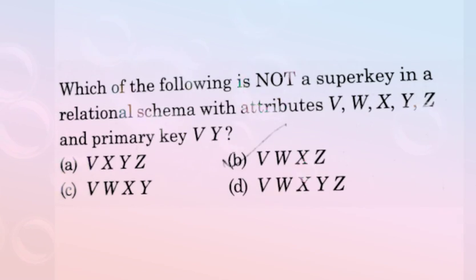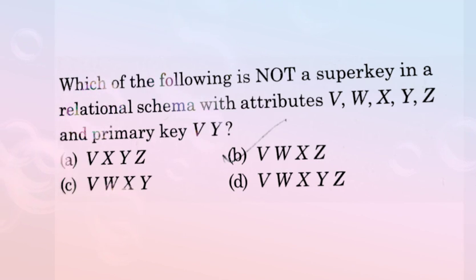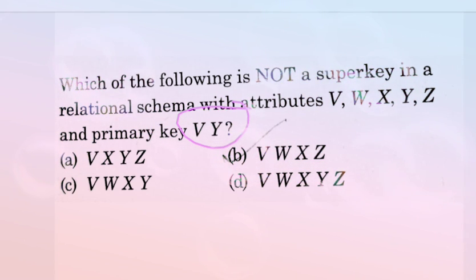Now come to the next question. Which of the following is not a super key in a relation schema with attributes V, W, X, Y, Z and primary key VY? This is a very easy question. Because we know that the key is always included in any super key.